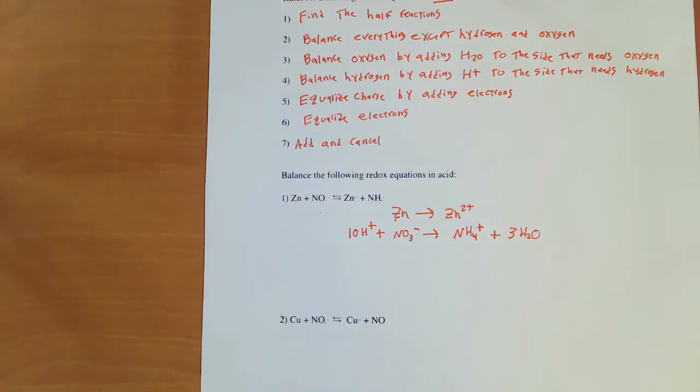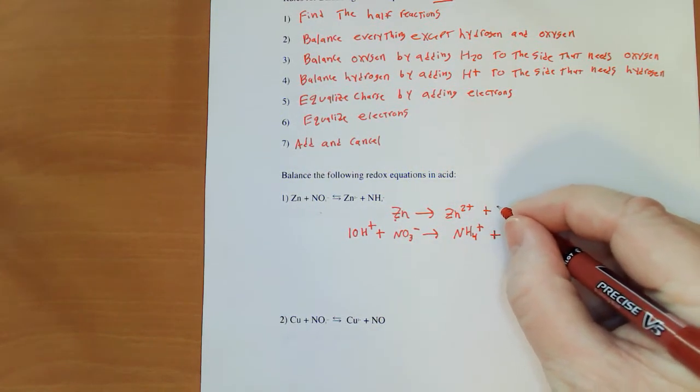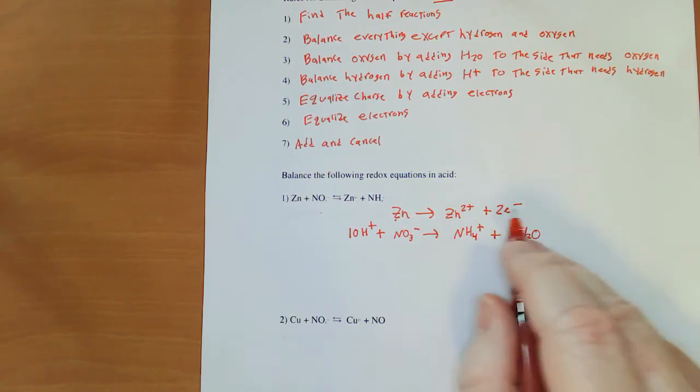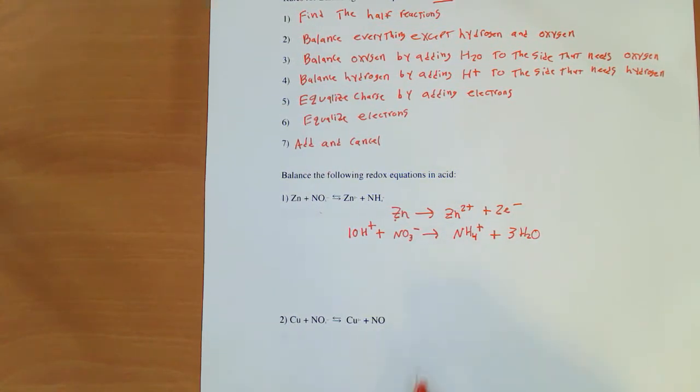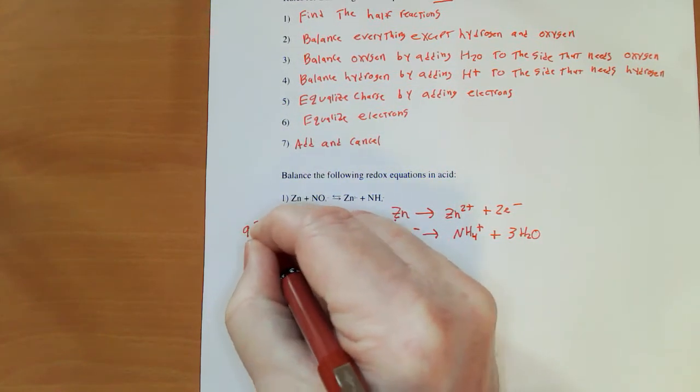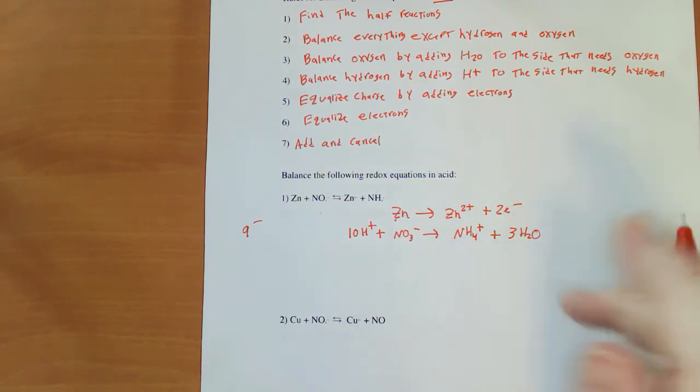Okay. Now I'm going to equalize charge. That doesn't mean I'm going to make it 0. That just means I'm going to make it equal on both sides. So plus 2 electrons, because a 2 plus and the 2 minus will cancel each other out. Now here I got 10 plus and 1 minus, so that's like a 9 plus. And then I've got a plus 1 on that side.